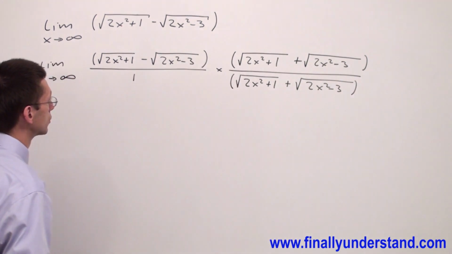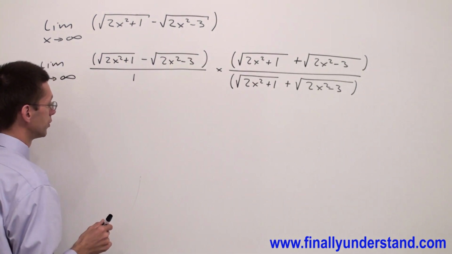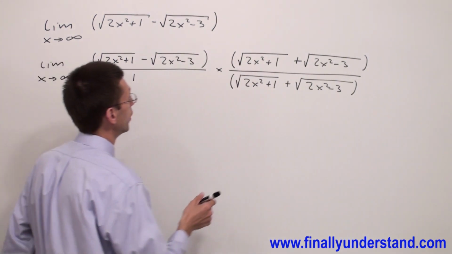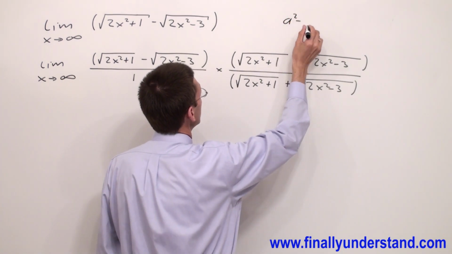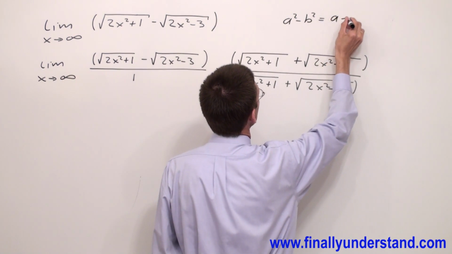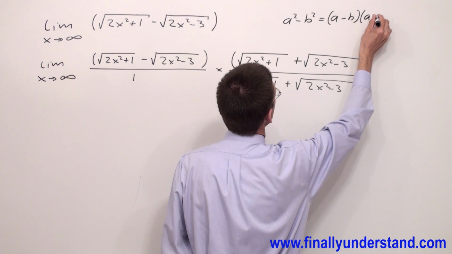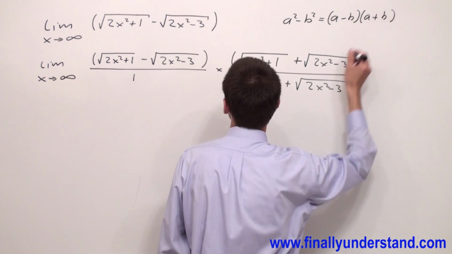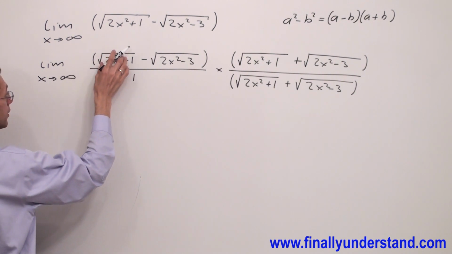Look at the numerators. In the numerators we have nothing else, just the difference of two squares. Let me remind you the formula: a squared minus b squared is equal to a minus b times a plus b. So this is my a, this is my b.